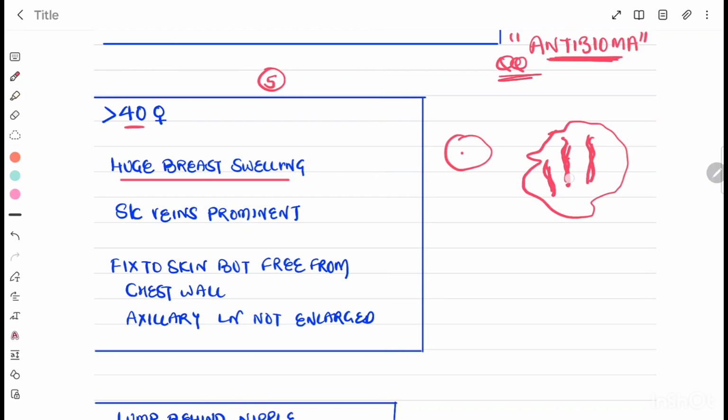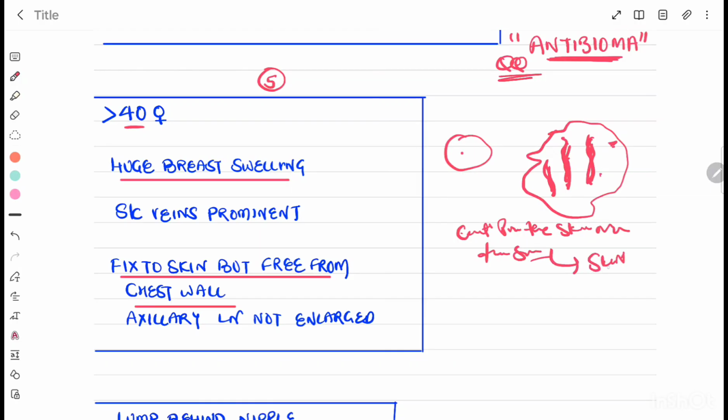You can see the venous engorgement over the swelling, and it is fixed to the skin but free from the chest wall, means you can't pinch the skin over the swelling because the swelling is fixed to the skin, and there is no involvement of axillary lymph node.